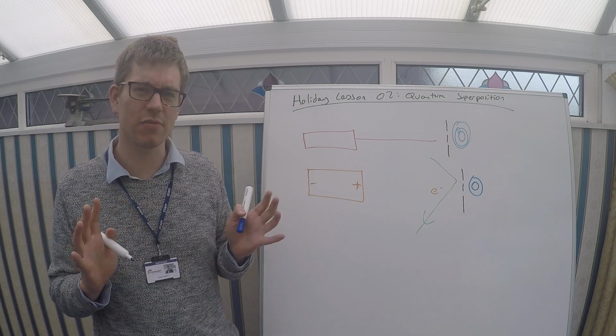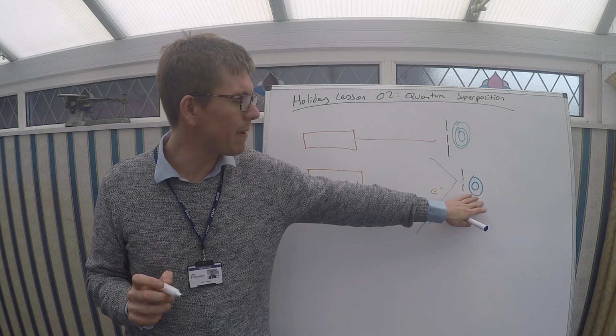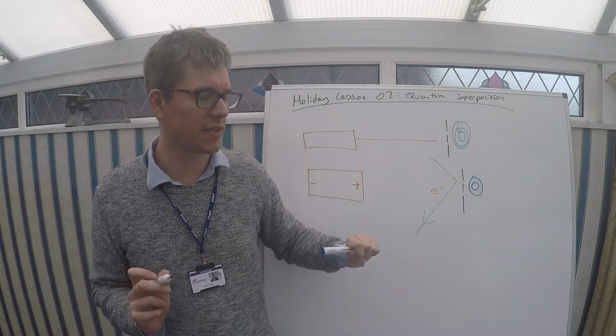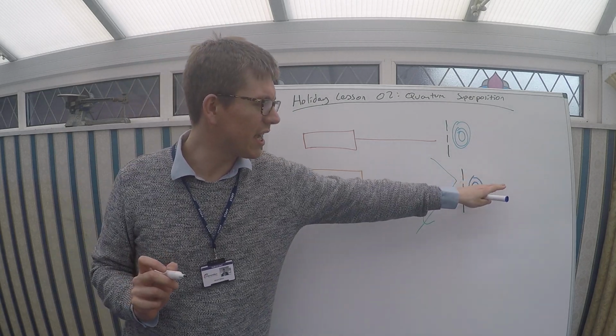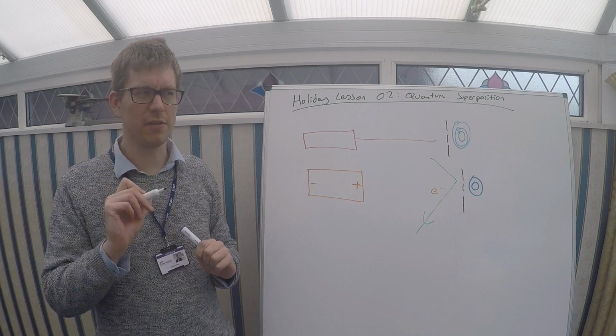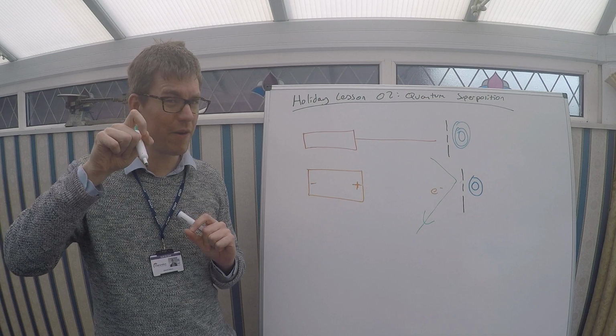Something about that interaction is changing it, which is why we get a diffraction pattern if we don't bounce the photon, but if we do bounce the photon, we don't get a diffraction pattern, we just get a single ping on our sensor.